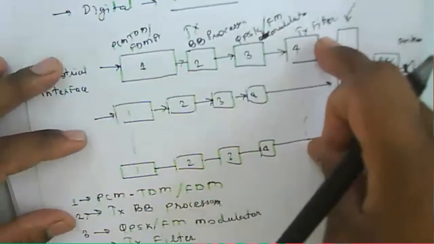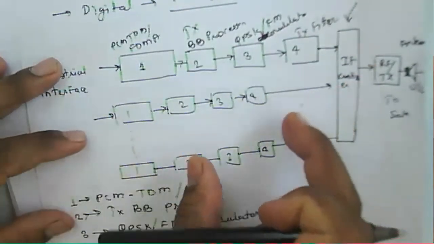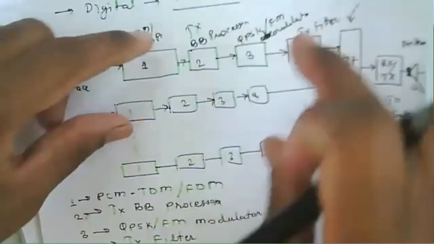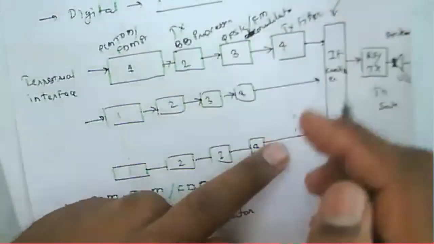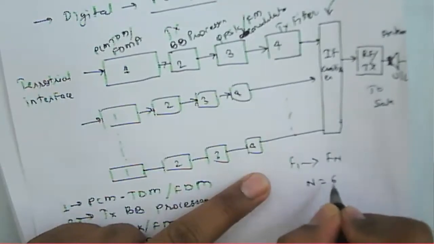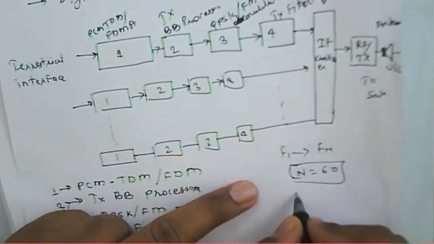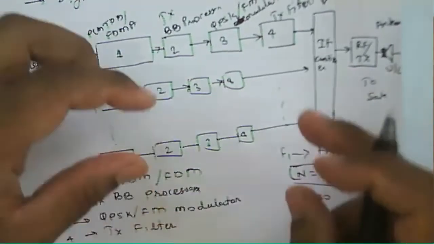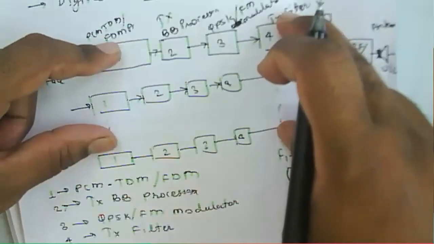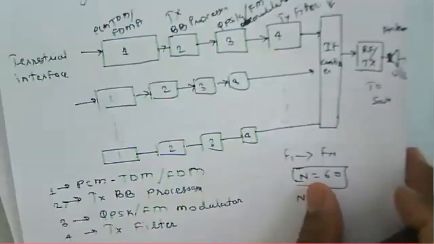Separate blocks are given F1 to Fn. So if the traffic is low, not all these blocks are in use. Suppose F1 to Fn and n is 60, that is the maximum operating capacity. Instead, if n is equal to 30 now, only 30 components are in use and 30 components are not in use.